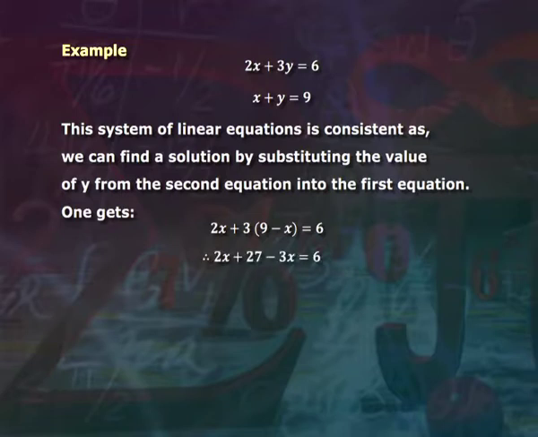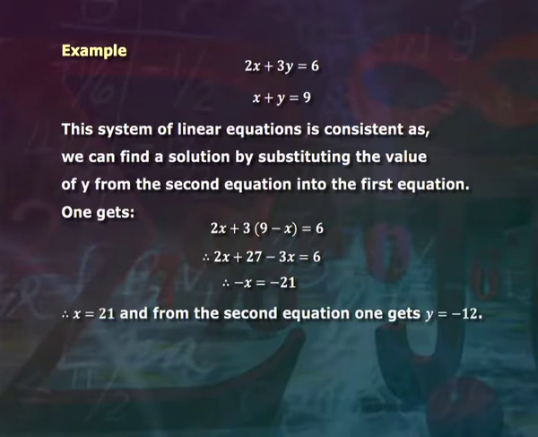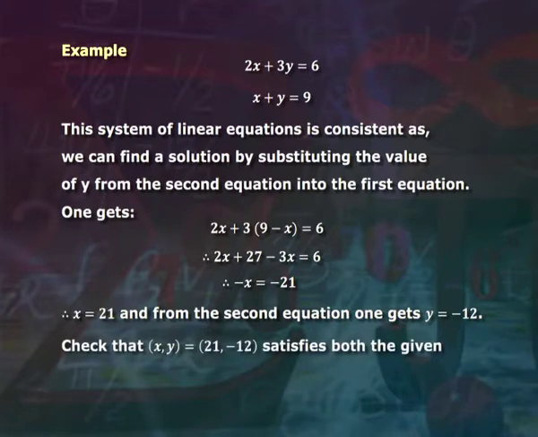Therefore, 2x plus 27 minus 3x equal to 6, and therefore, minus x equal to minus 21. Therefore, x equal to 21, and from the second equation one gets y equal to minus 12. Check that x, y equal to 21, minus 12 satisfies both the given equations. Hence, the system is consistent.